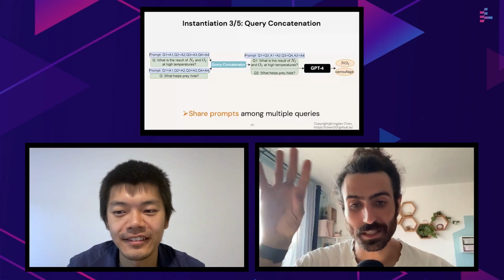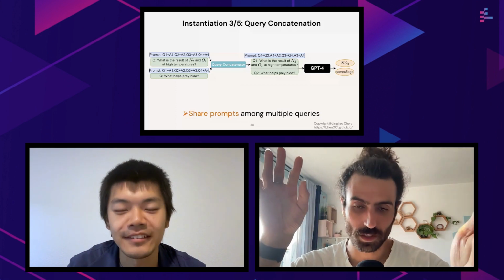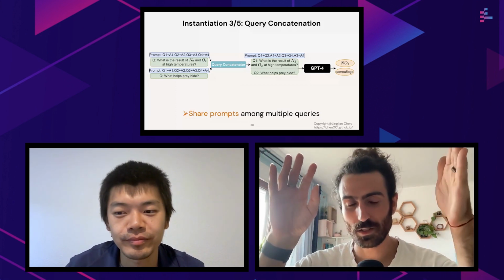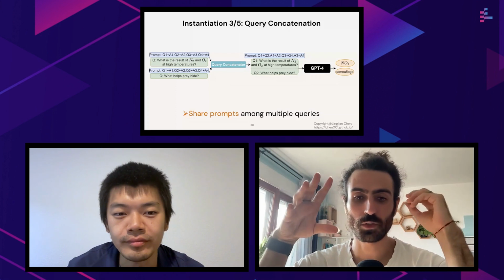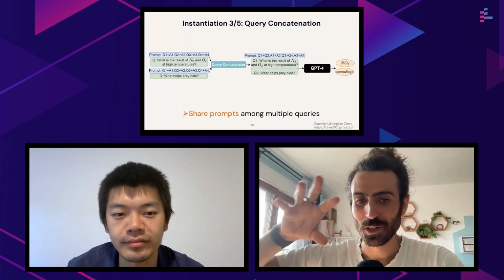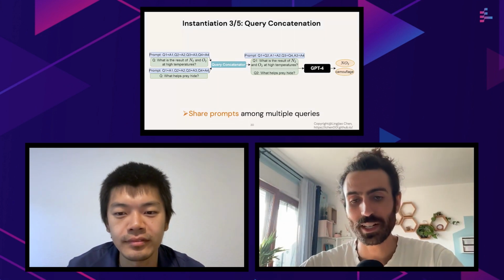So basically, when you're economizing the prompts, what you're doing is you're saying, we've got these two questions. They're completely different questions, right? Like you can see on the slide here, there's a question about chemistry, and then you also have a question about nature and what helps prey hide, et cetera.